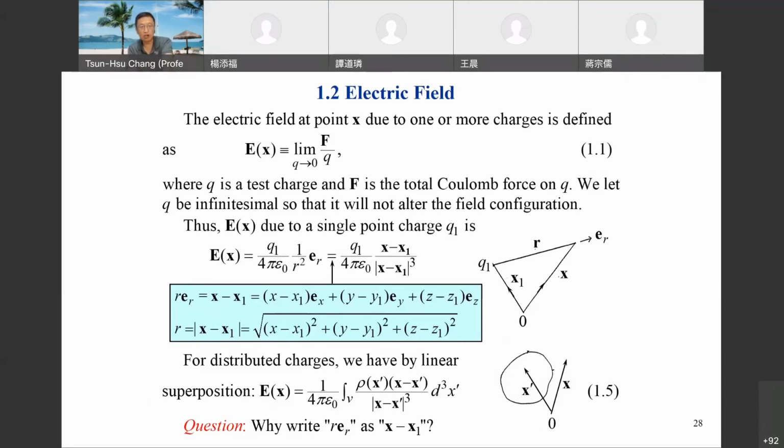And the test charge is very, very small, infinitesimal, 非常非常小, so we won't change the field contribution. The existence of this q does not change anything. In that case, we can calculate E. That's the definition of E.